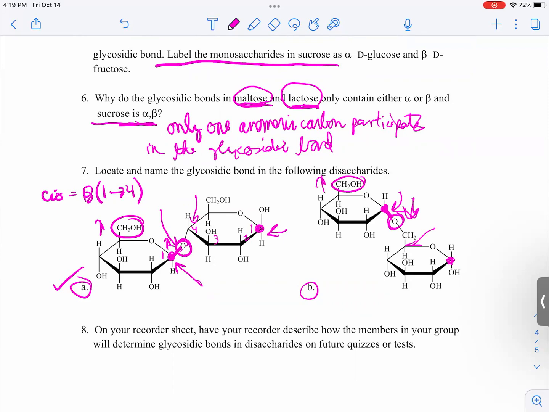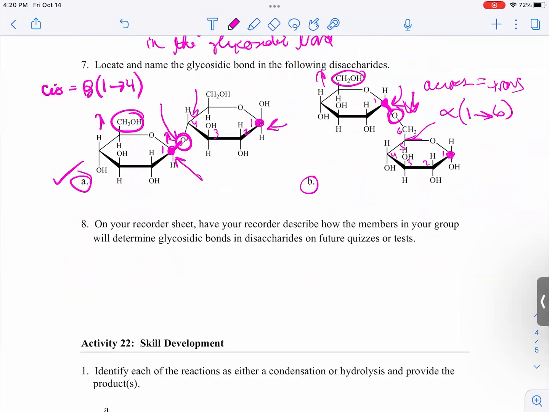So down and up, that is across, they're across from each other on the ring. That is trans, which is alpha. So alpha, that is 1, and this is 1, 2, 3, 4, 5, 6. So it's off of the 6 carbon. So that's alpha 1, 6. There you go. That's the name of the glycosidic bond.